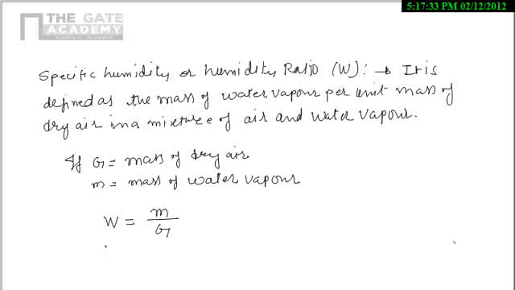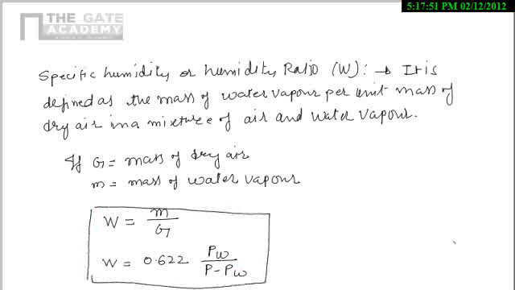We are having one more formula for this W in terms of partial pressure of water vapor, that is 0.622 Pw divided by P minus Pw. So remember these two formulas, W equals m by G and W equals 0.622 Pw divided by P minus Pw, where Pw is partial pressure of water vapor and P is the atmospheric pressure.